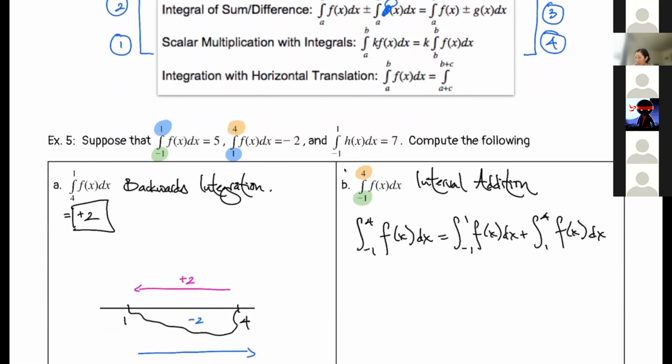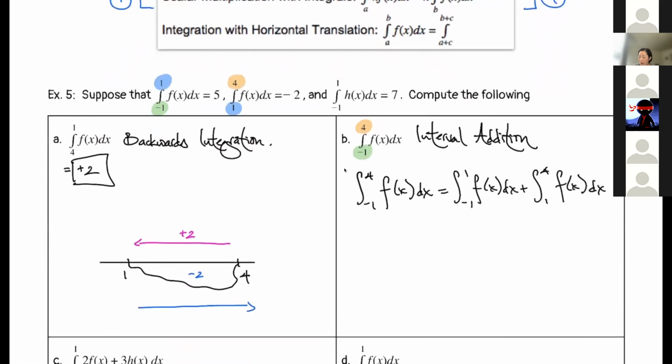I'm just writing that property down in a backwards order, because now I can substitute values that I have. So instead of the integral from -1 to 1, I will put a 5. And instead of the integral from 1 to 4, I will put -2. And so that means that the entire interval has an area of +3.